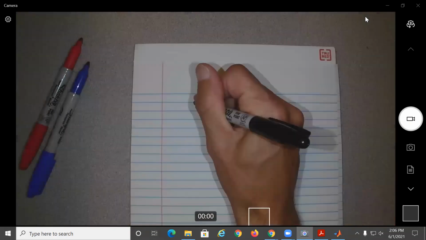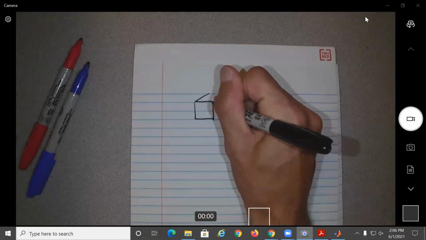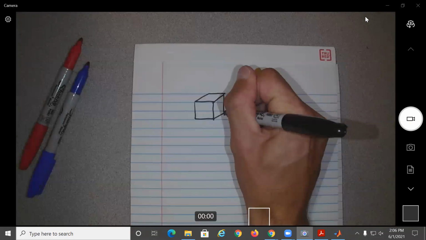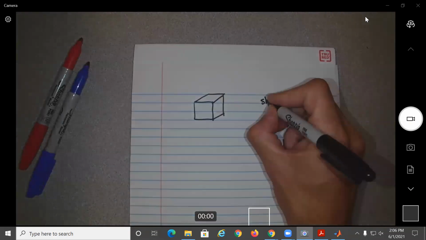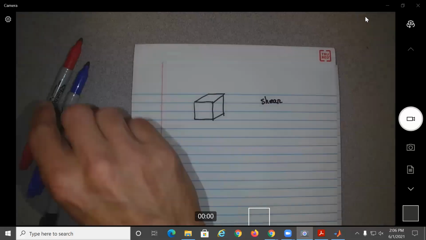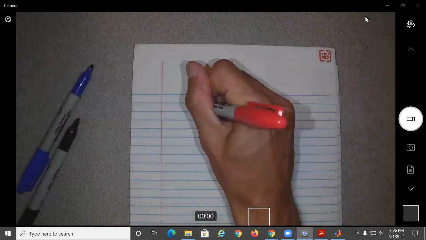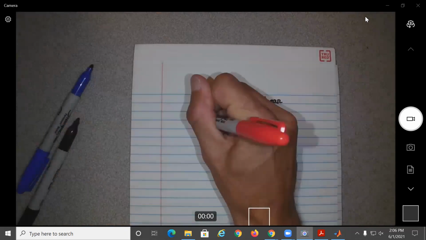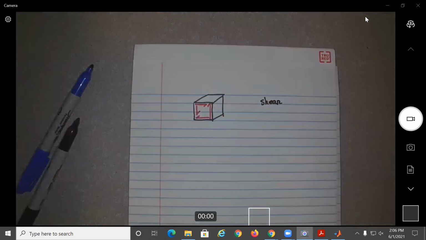The reason being, I'm going to write on this page, is that if you do shear, probably in solids you did this, if you have a little block, the sign convention for shear is this way. This is just a review.